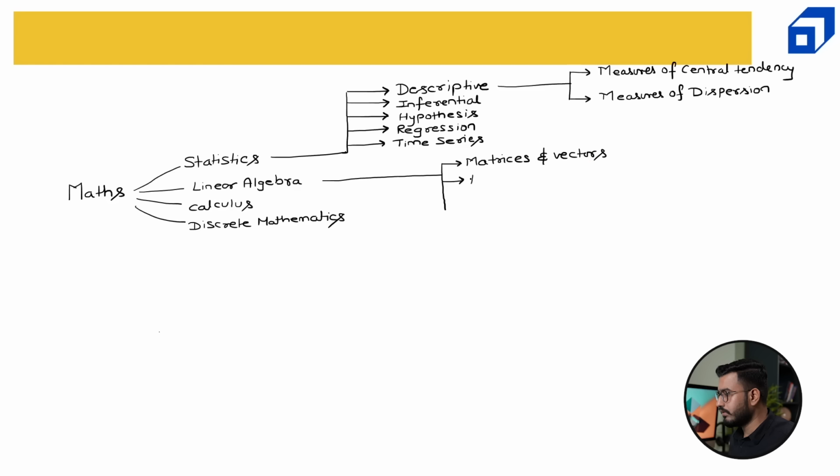When we talk about matrices and vectors, it is really important that you are clear with how to operate on matrix. So matrix operations. This is followed by linear equation, and finally optimization.